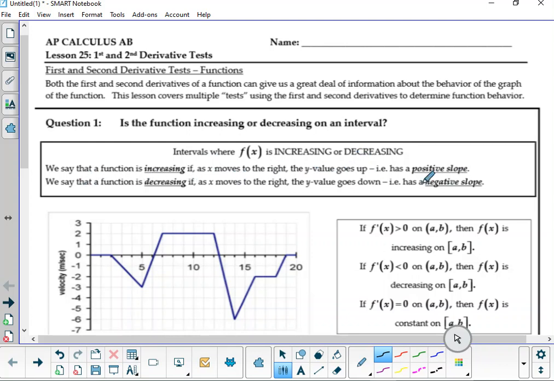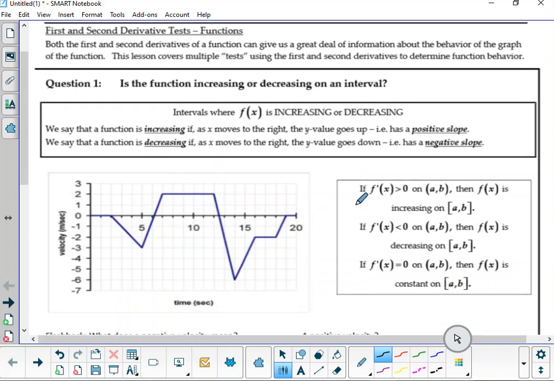Decreasing functions have a negative slope on the interval. As x moves to the right, the y value goes down. The calculus version of that concept is the analysis of the derivative. Right? So instead of a positive slope, we're talking about a positive first derivative value, or a negative first derivative value is what's going to tell us if a particular function is increasing or decreasing on an interval.